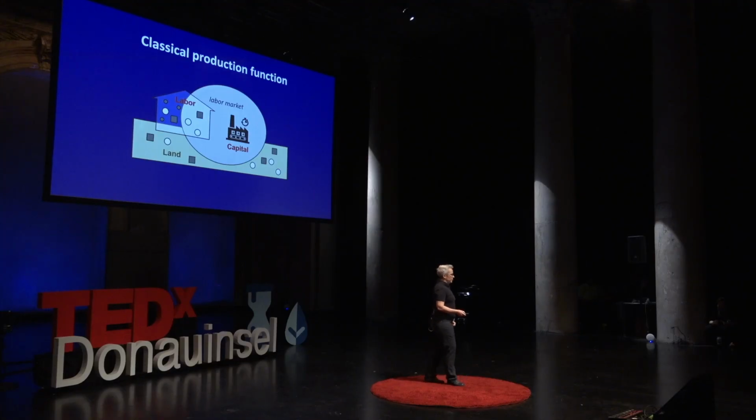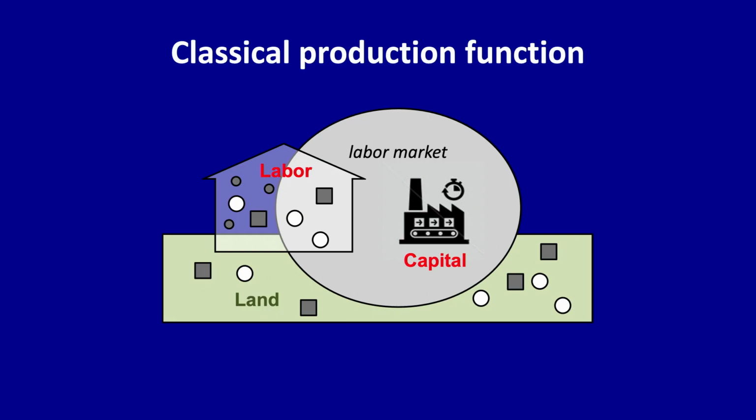Here's the classical production function, and you can see here economic growth or GDP growth becomes a function of labor, land, and capital. These are the three production factors, and there's some kind of technology that puts them together. And then there will be economic growth or GDP growth.